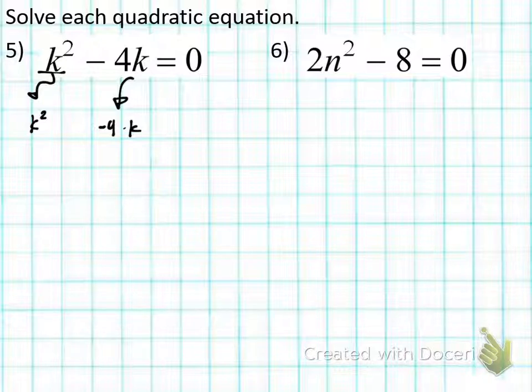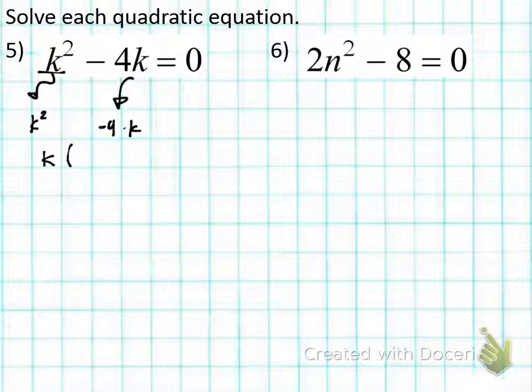What letter is in both lists? K. Thank you. How many times is K in both lists? Once, right? This one has it twice, this one only has it once, so K is only once.